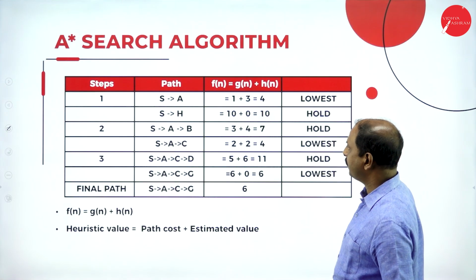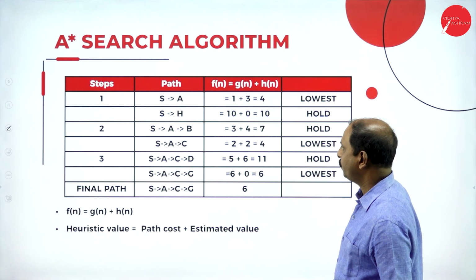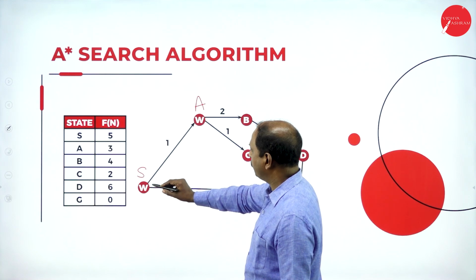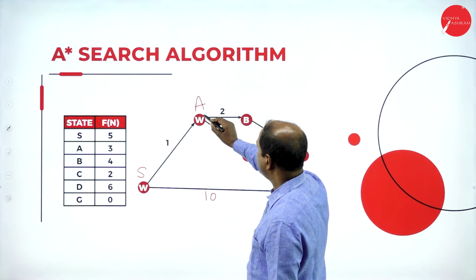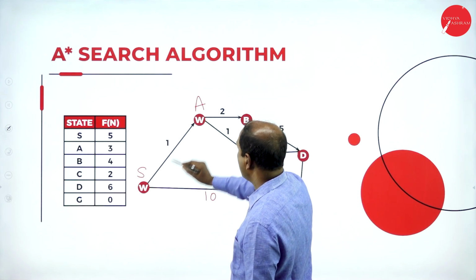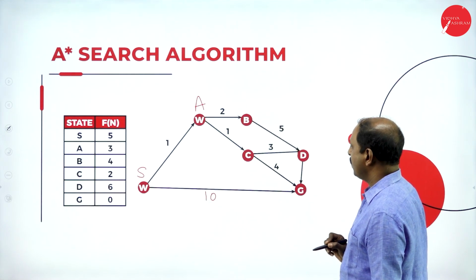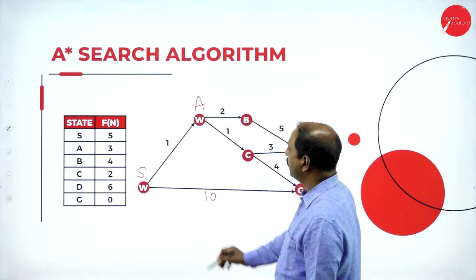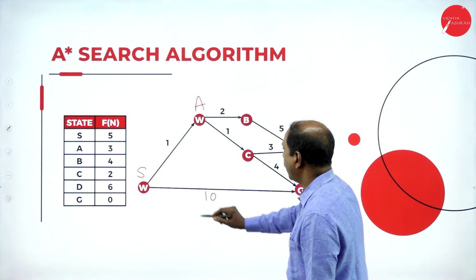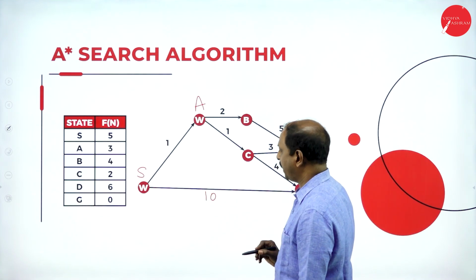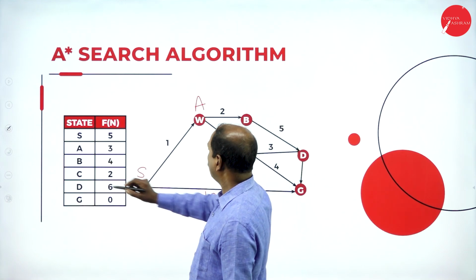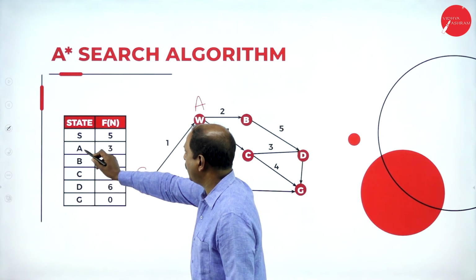Now let us look at how it is going to function. Consider S, the starting node. From S there are two possible paths, S to A and S to G directly. The cost of the path from S to A is 1, and S to G is 10. We also have to consider the value of node A, which is 3.